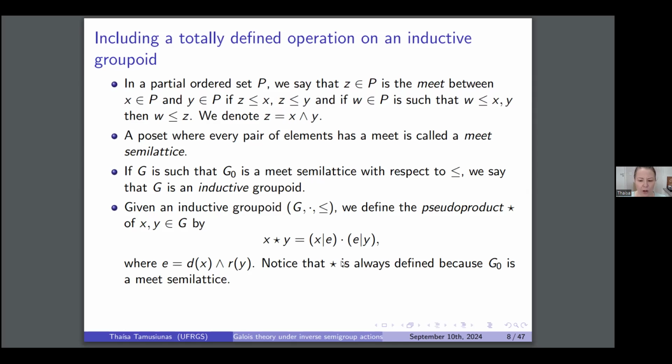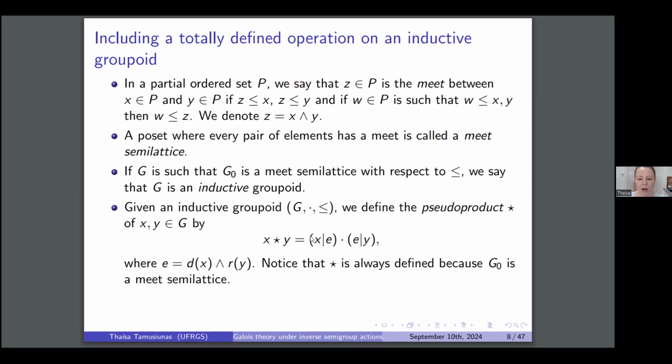Here, this product in the groupoid is always defined because this element E is the meet between the domain of X and the range of Y. And once G is inductive, given any two identities, this meet always exists.